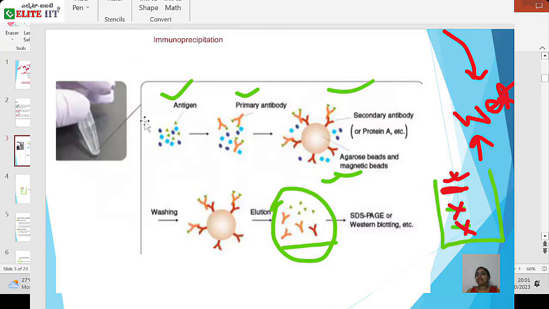Unbound antigen will be removed, and only your antigen of interest will remain attached to the primary antibody. Now you elute it, meaning separate all the three proteins through SDS-PAGE, and then do Western blotting as the confirmatory test. So these are the actual steps in the immunoprecipitation process.